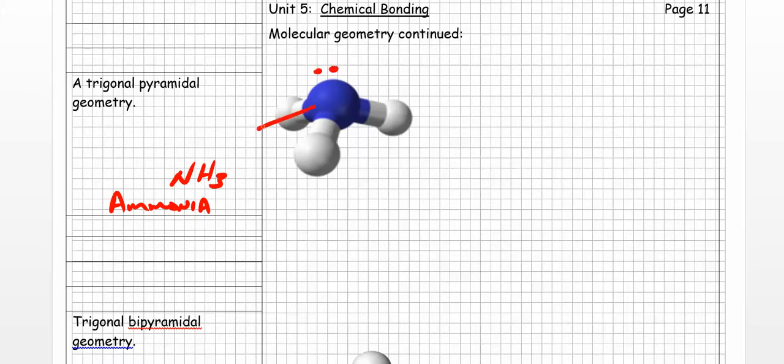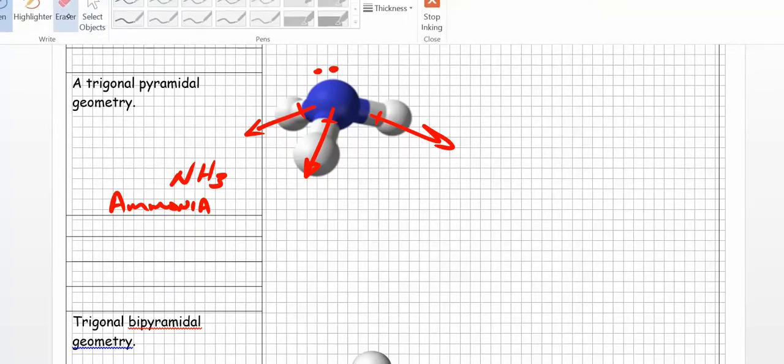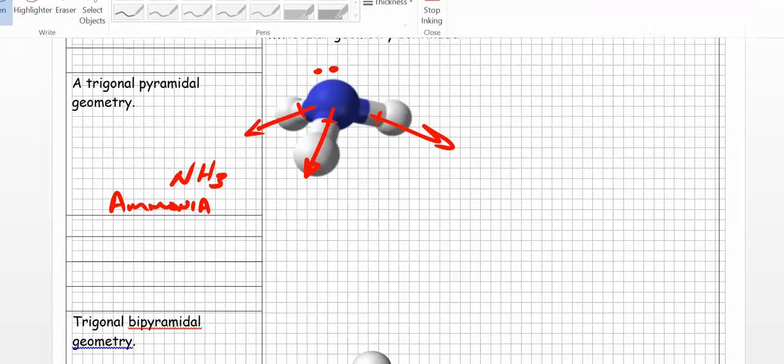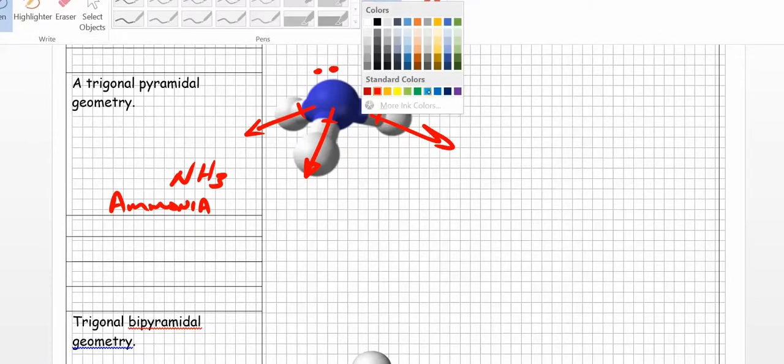It's going to push this part of the molecule down, or this atom down, this hydrogen here. It's going to push this one that way, and it's going to push that one that way. Let me make these little marks just like that. The point is this: the lone pair of electrons is important in dictating the shape of the molecule.